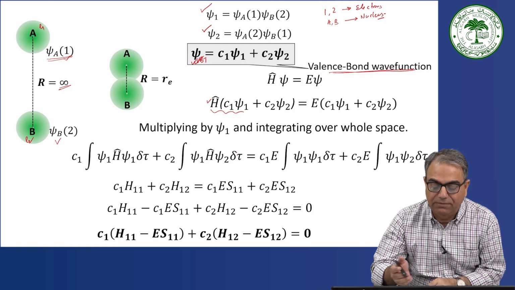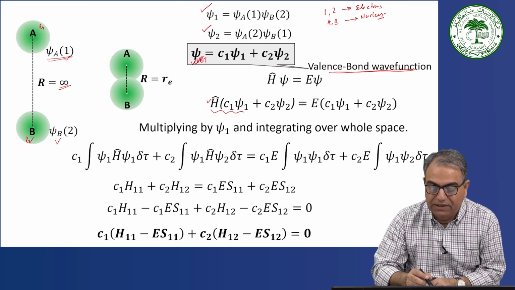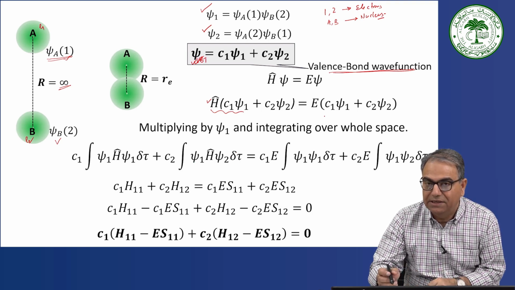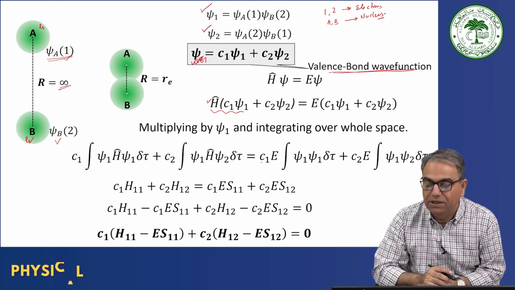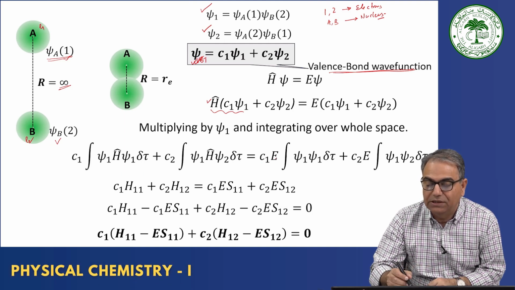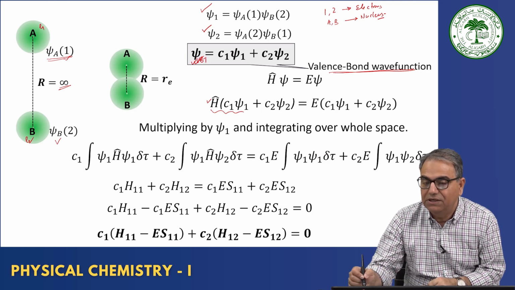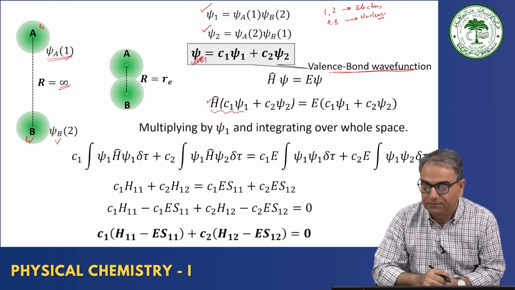Any constant you can take outside. Then on the right hand side, you have C1 and E. E is a constant, C1 is a coefficient, so it will be constant. Energy is an eigenvalue, so it's a constant. So you can write C1 E integral of psi 1 psi 1 d tau, then C2 E integral of psi 1 psi 2 d tau, right?